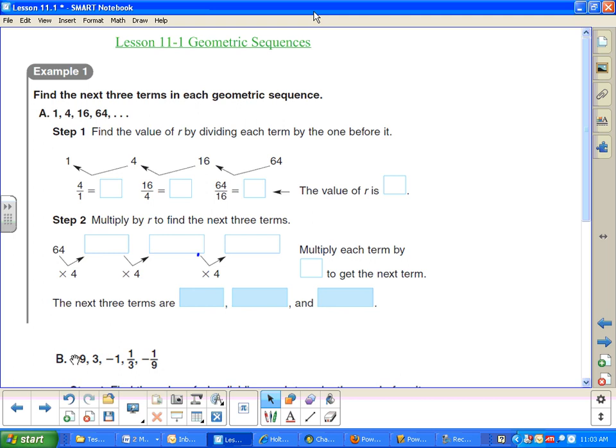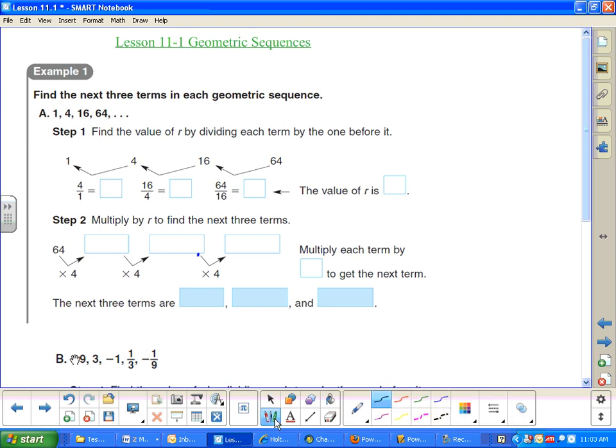So it's set up here that we're going to take 4 divided by 1 and 16 divided by 4 and 64 divided by 16. So you can see that we took the second number and divided it by the first, third divided by the second, and then the fourth divided by the third. And if all of those are the same, then it is a geometric sequence.